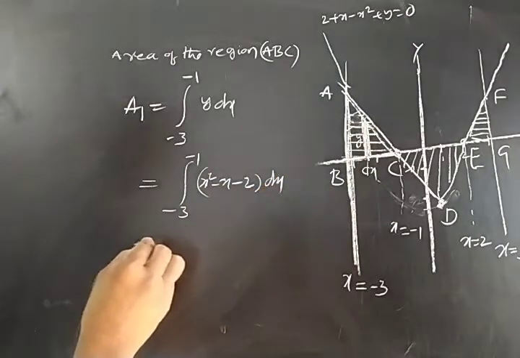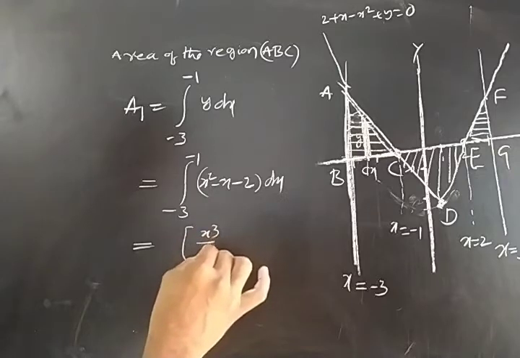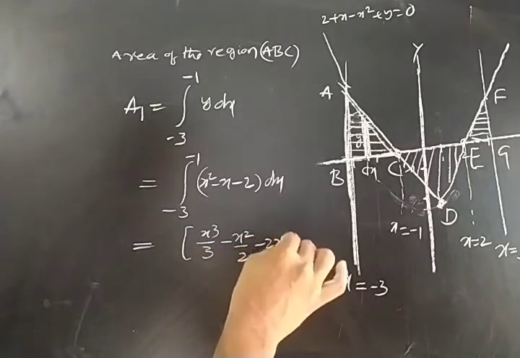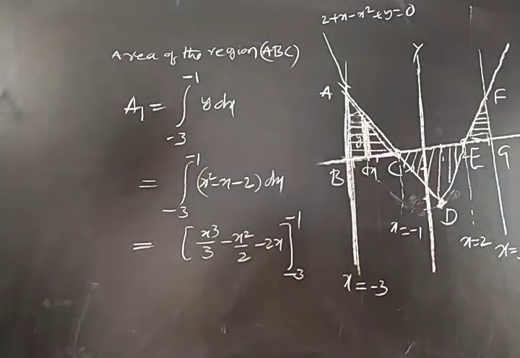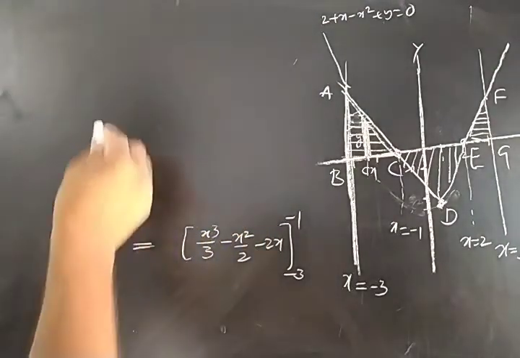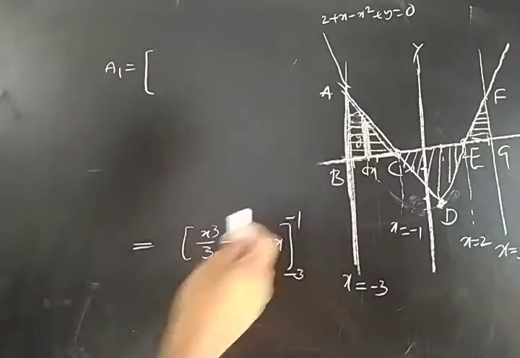Now by integrating this we will get x cube by 3 minus x square by 2 minus 2x, with lower limit minus 3 and upper limit minus 1. Now I am substituting the limits. A1 equal to, first I will substitute the upper limit.